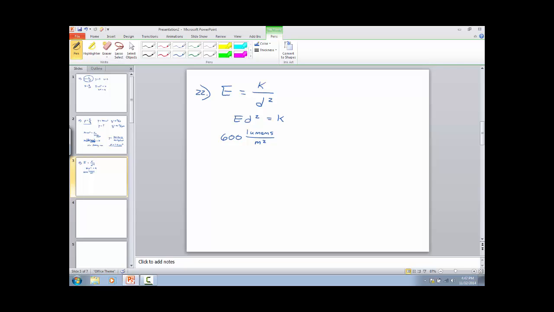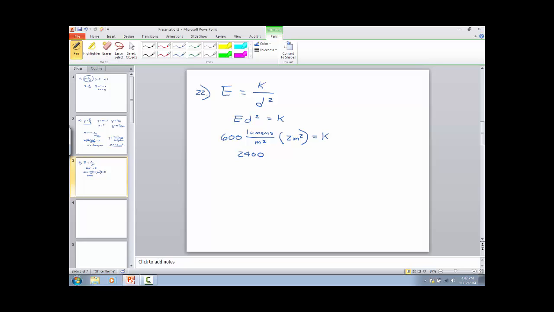So here's E, that's our illumination, and we have D as 2 meters squared. So that equals K. So after you do this multiplication, 4 times 600, you should end up with 2400.